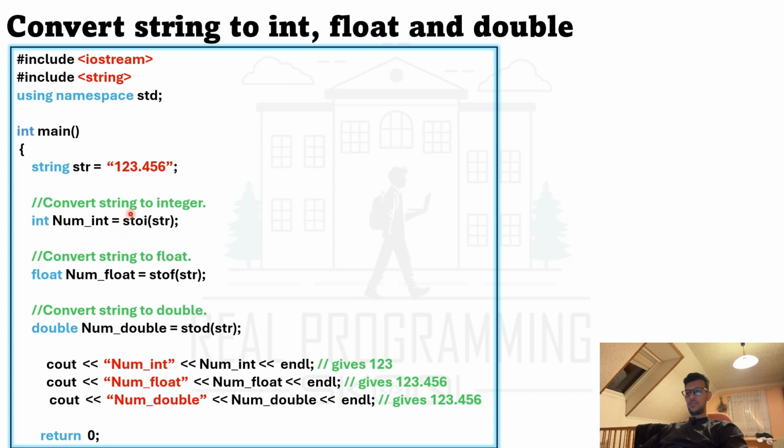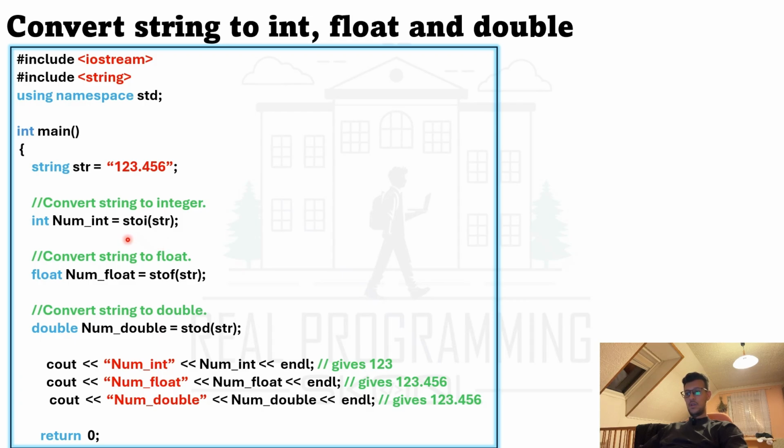To convert it from string to integer, we will define an integer data type. We'll declare a variable num_integer equal to... To convert this number from string to integer and store it inside the integer variable, we have something called stoi, S-T-O-I. S stands for string, T-O-2, I integer.